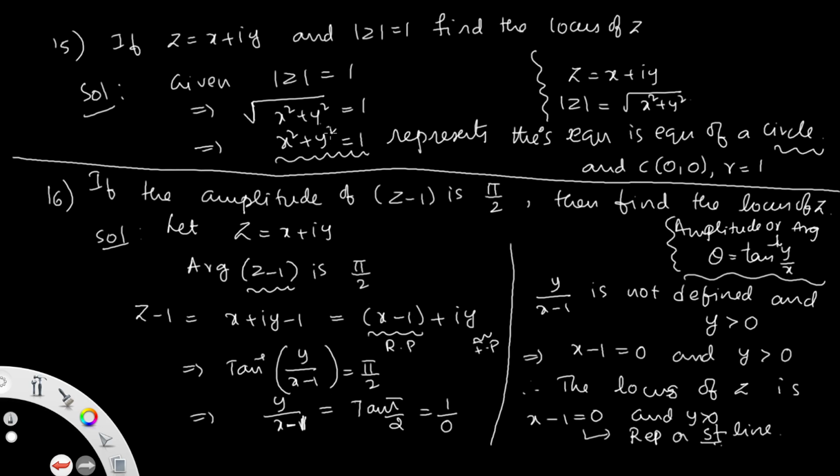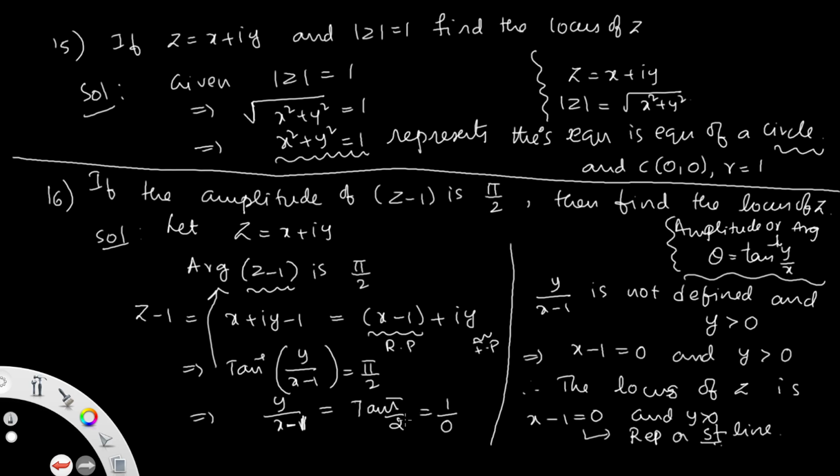In the question it is given that the argument of z minus 1 is pi by 2. So the argument of z minus 1 means y by x minus 1, tan theta equal to y by x, and theta equal to tan inverse of y by x. Here y by x minus 1 is tan pi by 2, which is 1 by 0. So y by x minus 1 is not defined, and y should also be greater than 0.